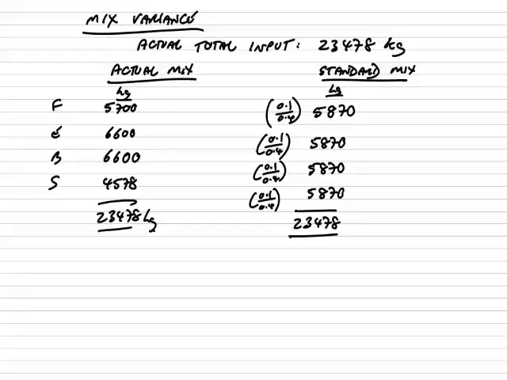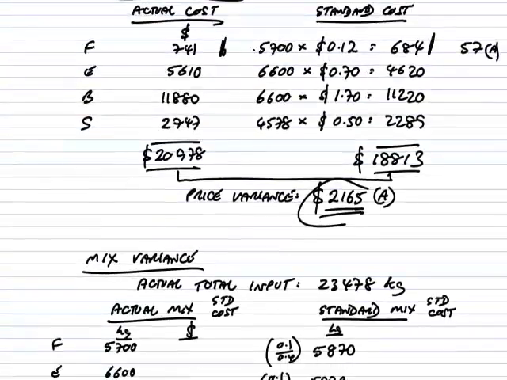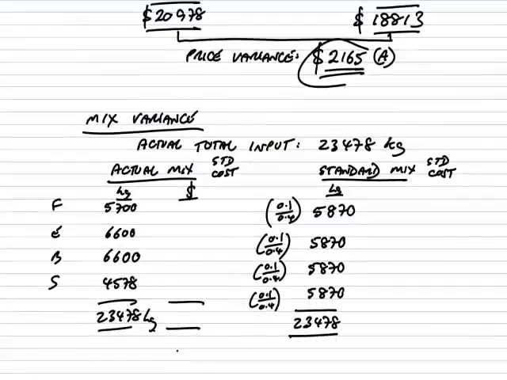To cost out the variance, in both cases we'll cost at standard cost. And here we can save a little bit of time, because actual mix at standard cost we've already done. That was 5,700. There's what we actually bought, and at standard cost it was 18,813.